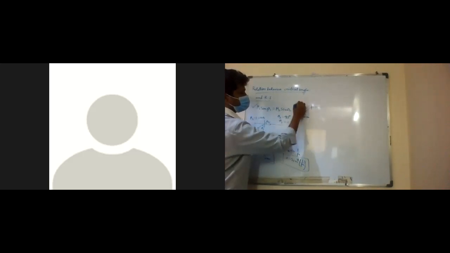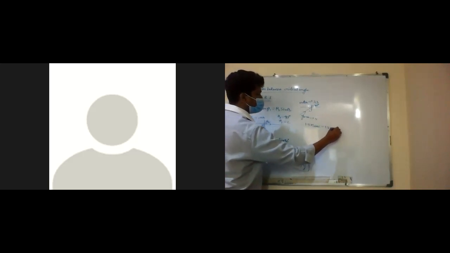Suppose I am taking one example. This is glass and this is water. Here it is C, and this is 90 degrees. Let glass be 1.5 and water 1.33. So mu1 is 1.5 into sin C is equal to mu2, 1.33, into sin 90 degrees. Now what will happen? Sin C value is how much?